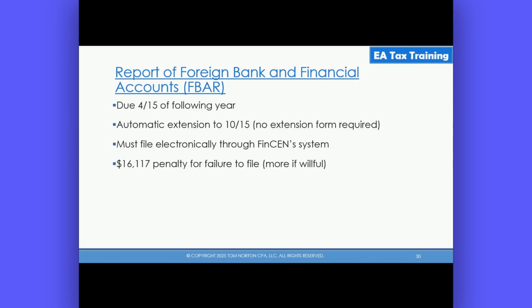And they said, nope, it is $10,000 per account. You owe millions of dollars worth of penalties. So the U.S. Supreme Court agreed to hear this case in order to resolve this discrepancy between these circuit courts. And so what they finally found was they found in favor of the taxpayer, and they said, no, it is just $10,000 per FBAR.